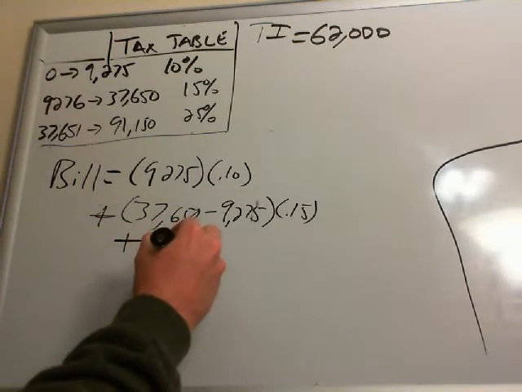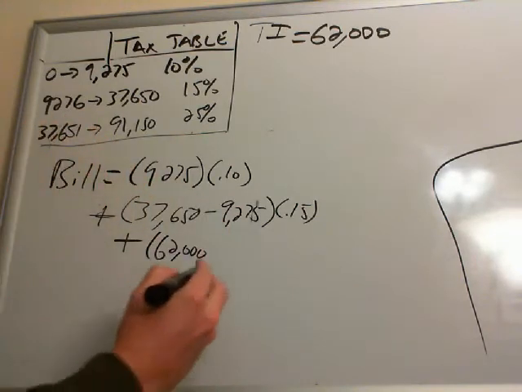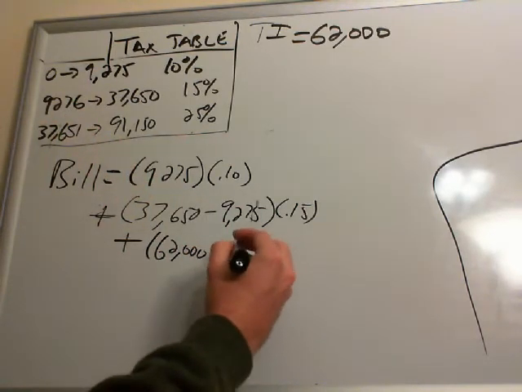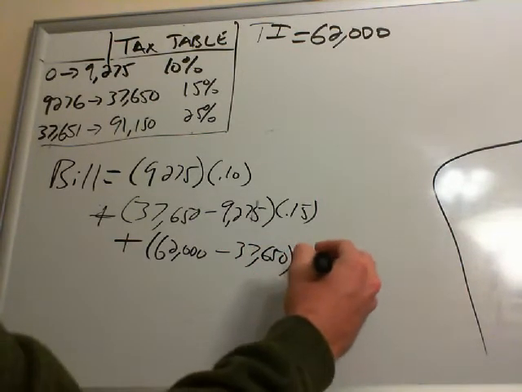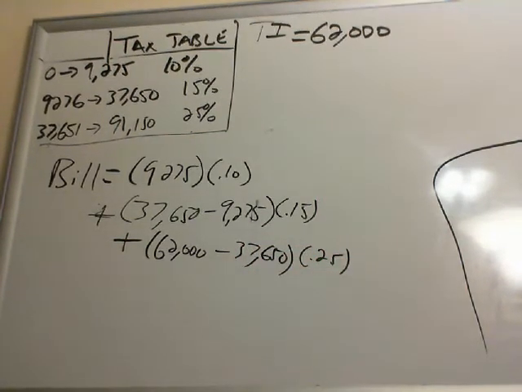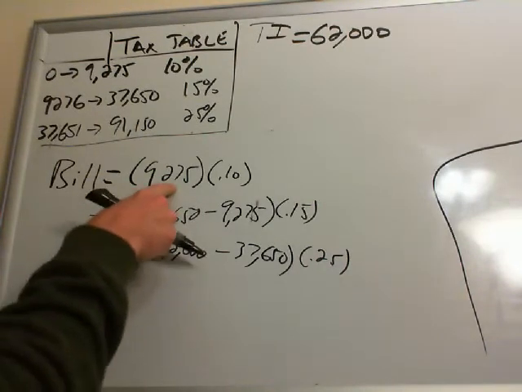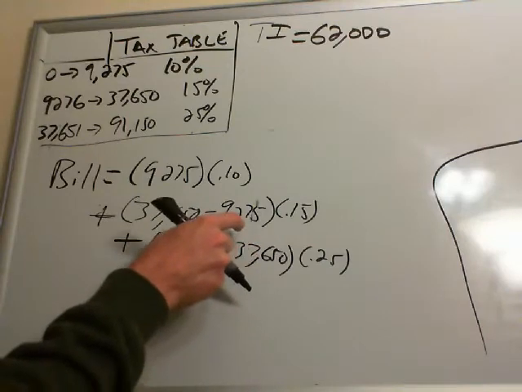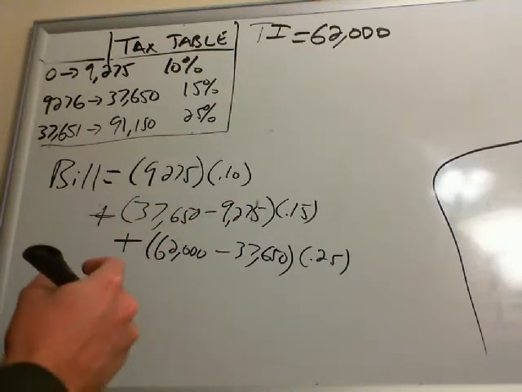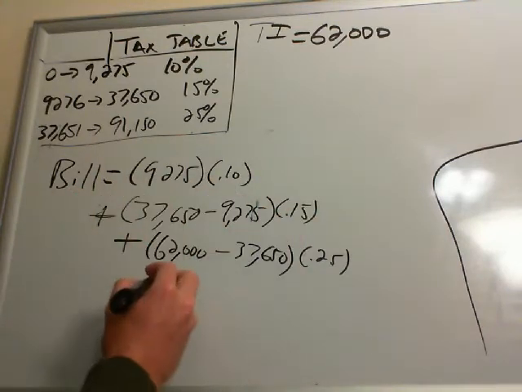So we earn $62,000. That's in the middle of this bracket. And let's take out the dollars that have already been taxed, the $37,650. Those get a 25% tax rate. So all the way through, we're taxing only the dollars within the brackets that correspond to their marginal tax rates.